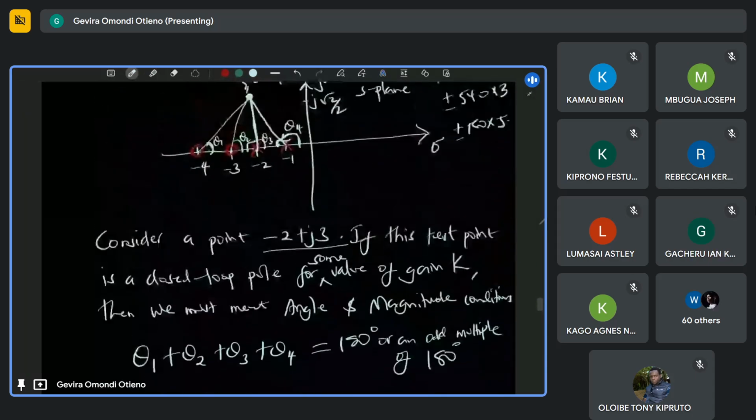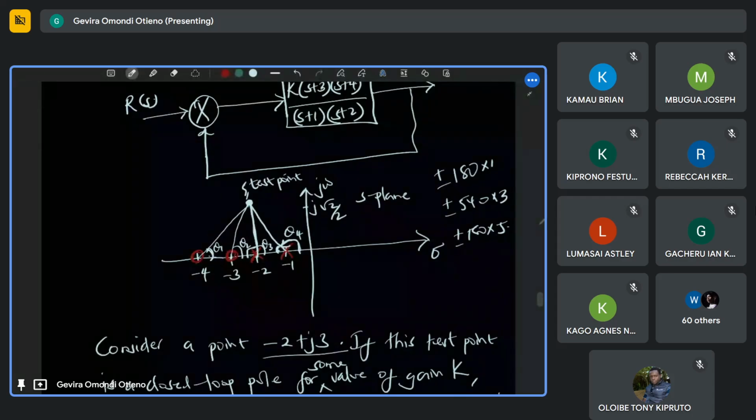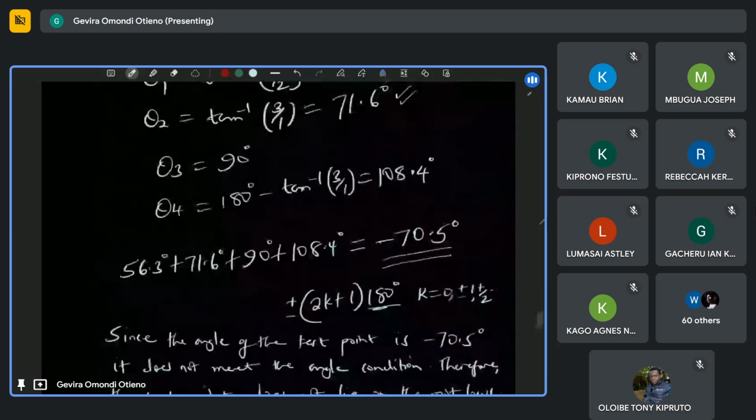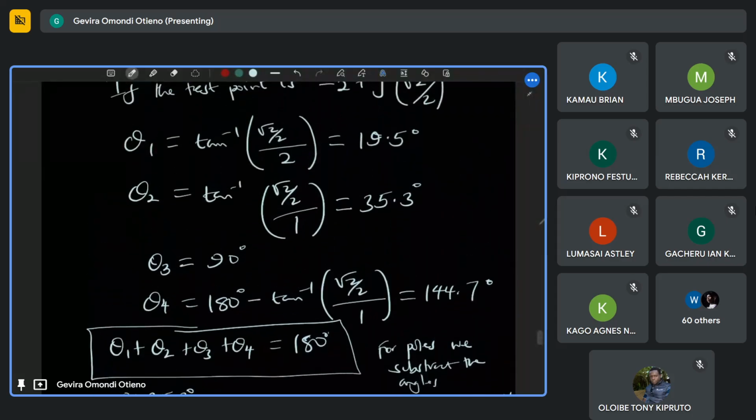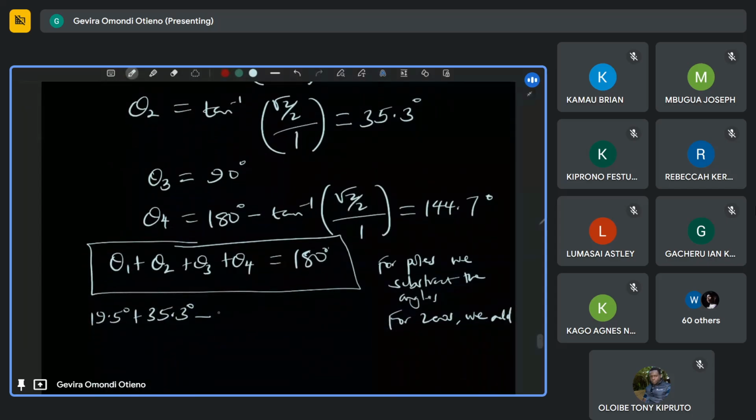You can see that theta 3 here is subtended for a pole, and theta 4 is also a pole. So those two are subtracted. That's the condition. So theta 3 is subtracted, and theta 3 is 90 degrees. And then we also subtract theta 4, which is 144.7 degrees.